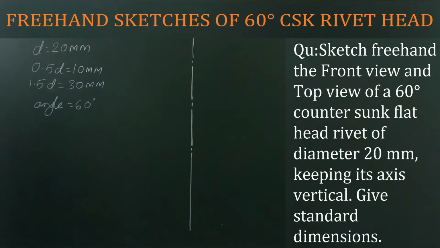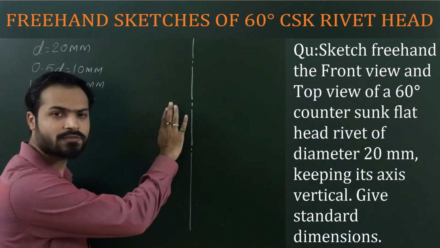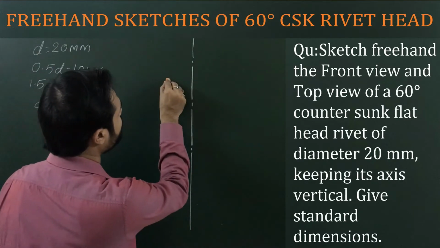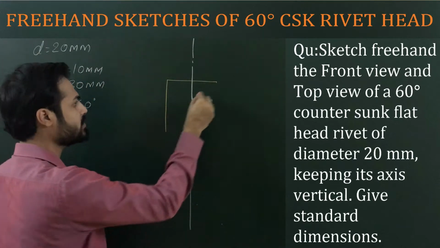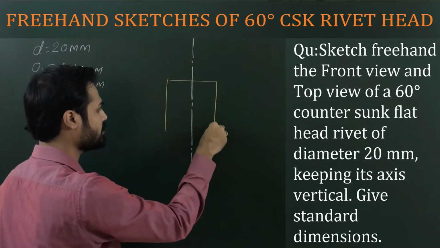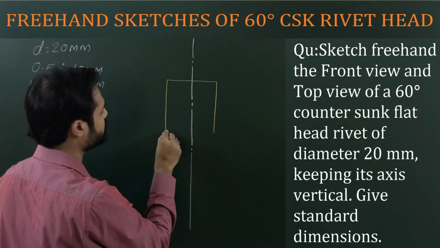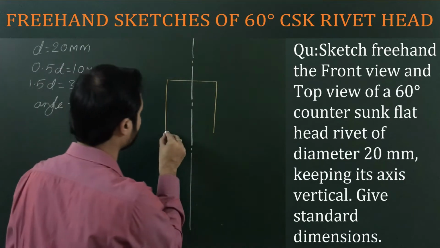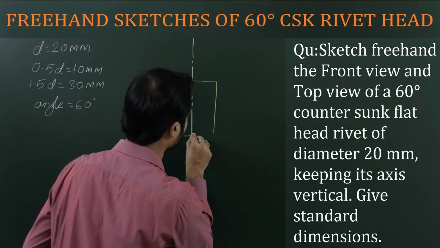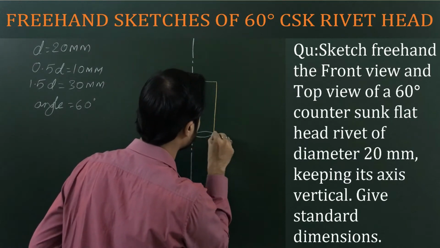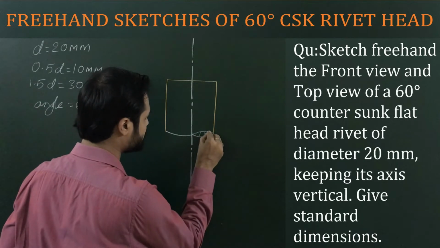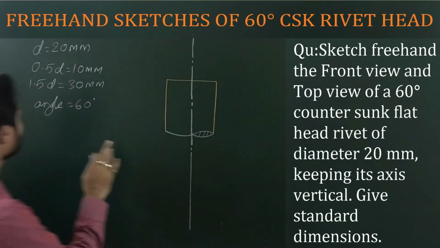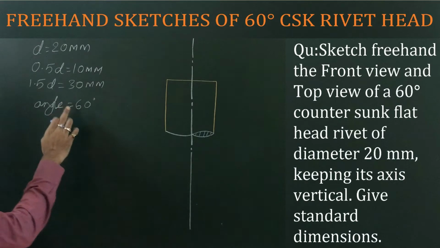Again, it's better to start from its front view, so we'll start from its front view. First of all, draw its central part, then hatch its lower part, and the angle of countersunk is 60.